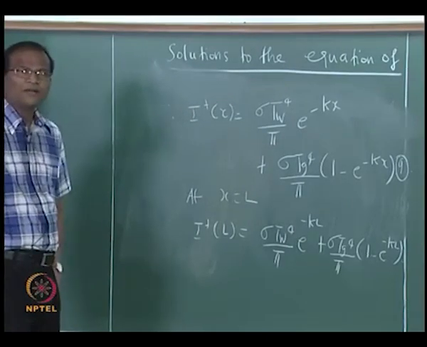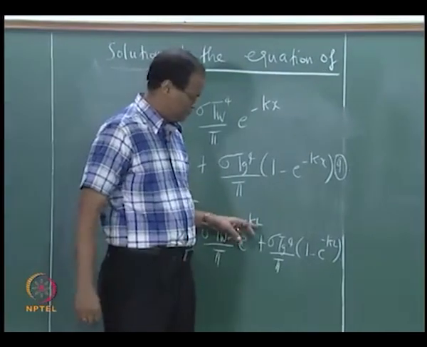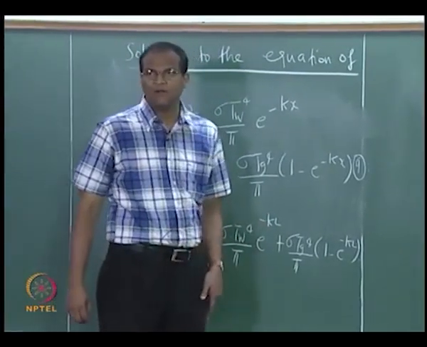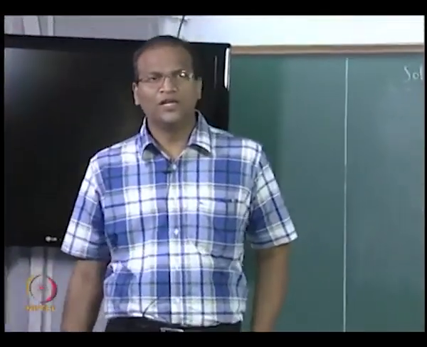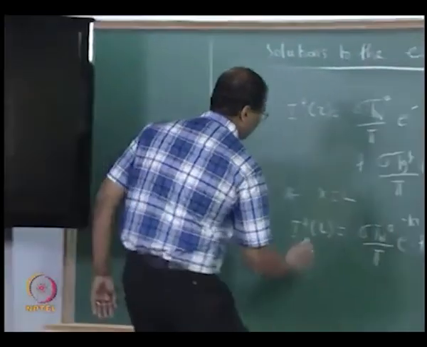What are the units of kappa? Meter inverse, L meter. So the product of kappa into L, the kappa into x, frequently appears in radiative heat transfer. So it is called the optical depth, okay, kappa into L.